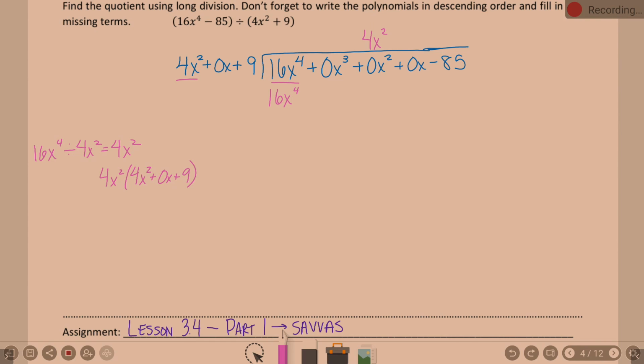I'm going to write it as 0x cubed, but you could just write it as 0. You don't have to have the x cubed on those. It just helps with placeholders. It makes a lot more sense. 4x squared times 9 is 36x squared.